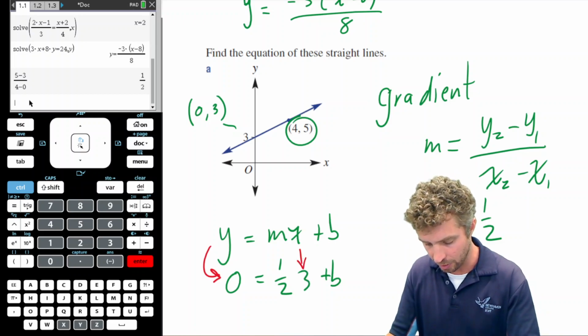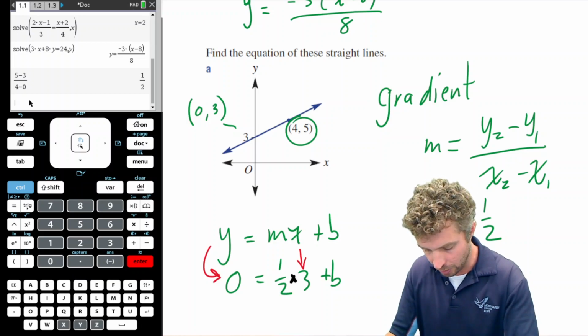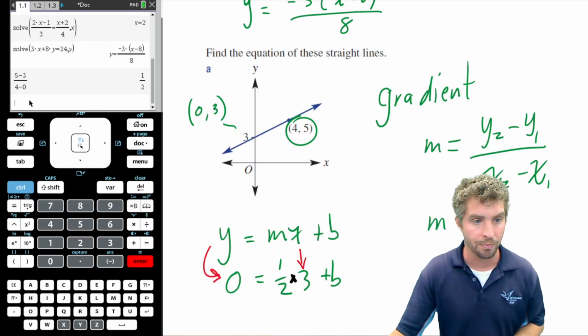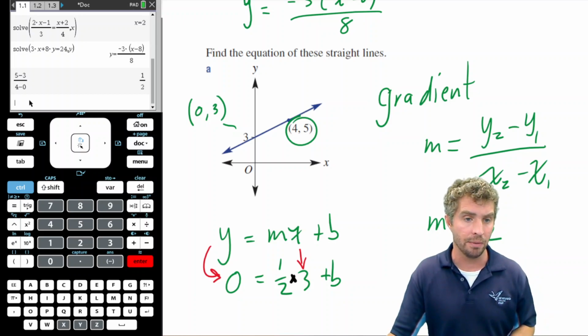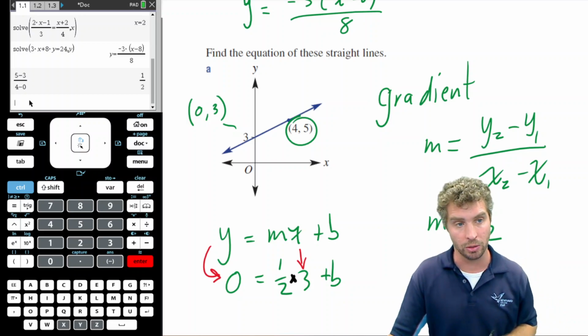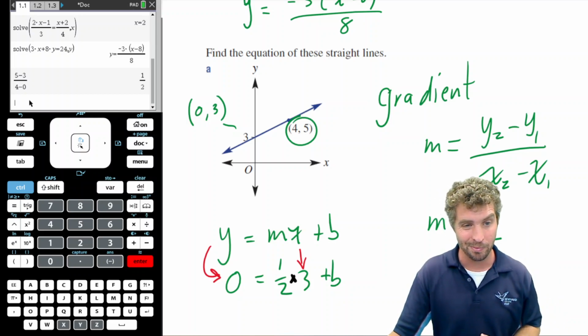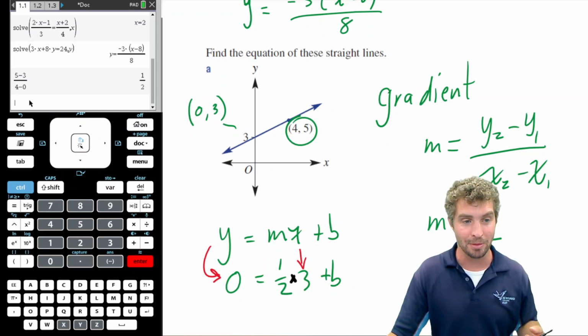The x becomes a 3. Now I'm going to make sure I put in a little times symbol in between those. Okay? And I want to find what b needs to be in order for this equation to work. And that will tell me the b for this equation. Now, those of you who are paying good attention probably know exactly what the answer is, because it's pretty easy.